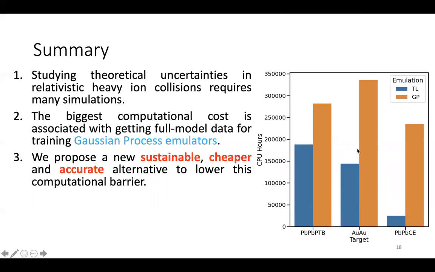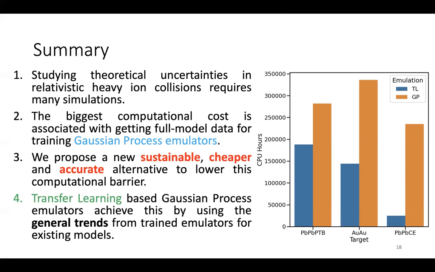From this plot where we have the computational savings, you can see the transfer learning methods, for some simulations, save computational time by a factor of almost 10. It's great, so we can use it when we want to build emulators for new computer simulations. The transfer learning based Gaussian process emulators achieve this by using the general trends from trained emulators for existing models when we are building emulators for newer models.